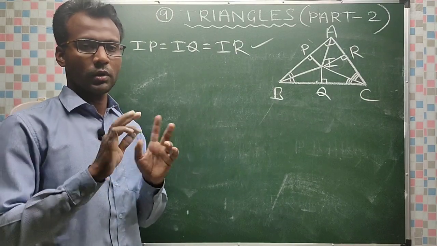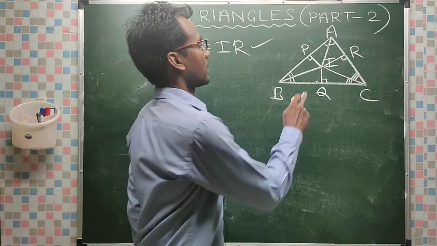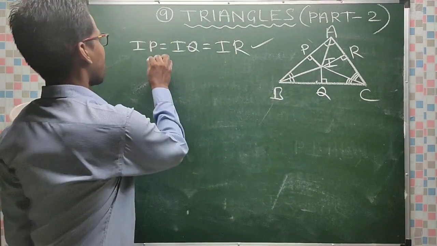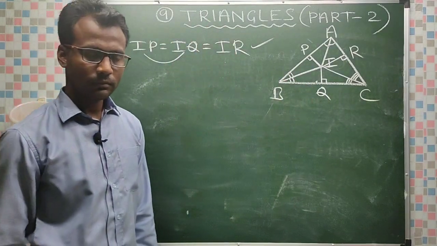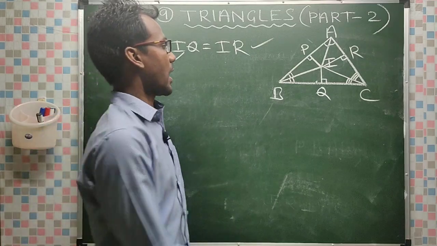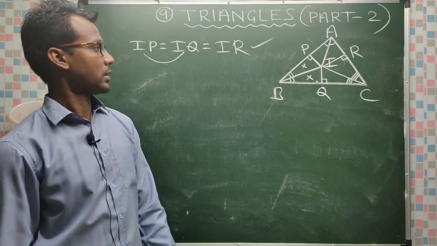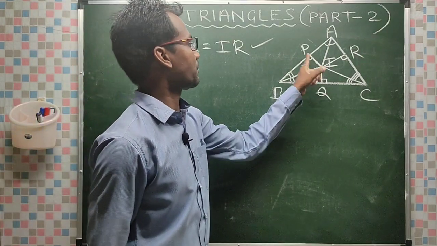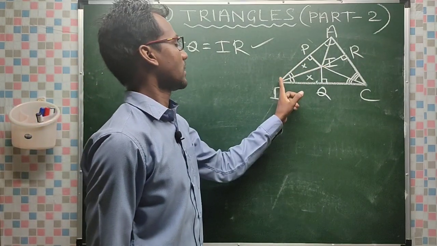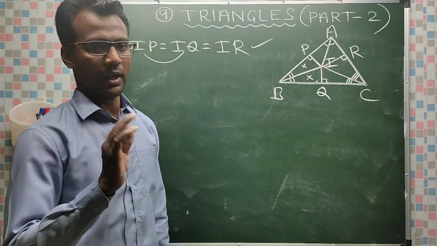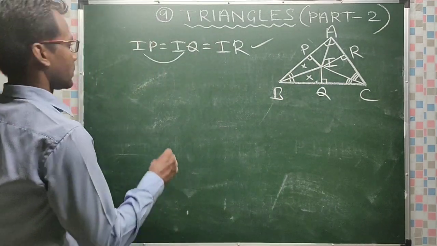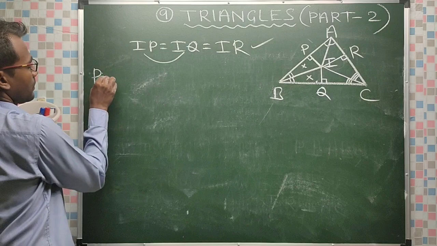We have to prove two are equal. Suppose I will prove that IP is equal to IQ. For that, I have to take these two triangles, triangle BIP and triangle BIQ. So let us go for proof.